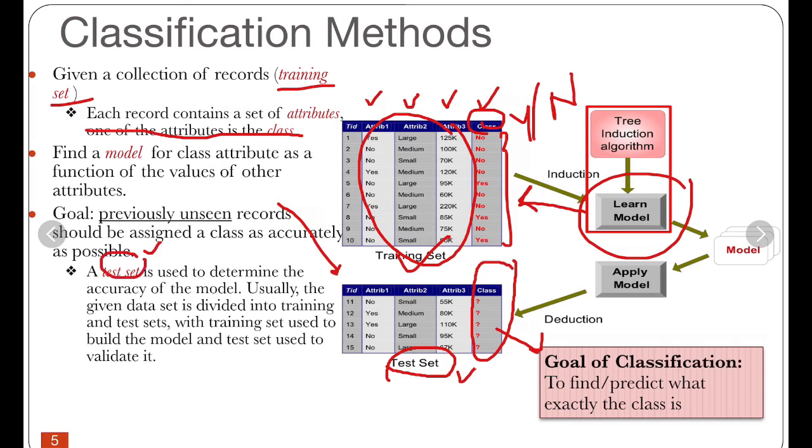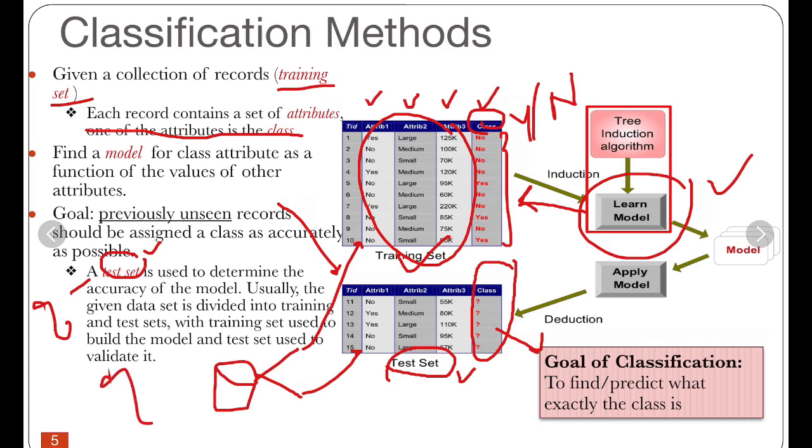The test set is also used to determine the accuracy of the model. Usually, the given data is divided into a training set and a testing set, with the training set used to build the model, and the test set used to validate it with accuracy.